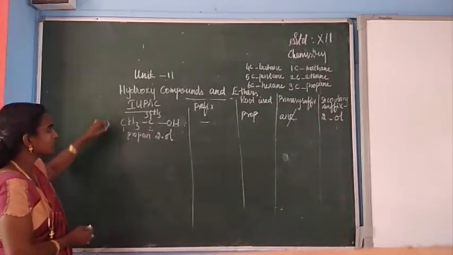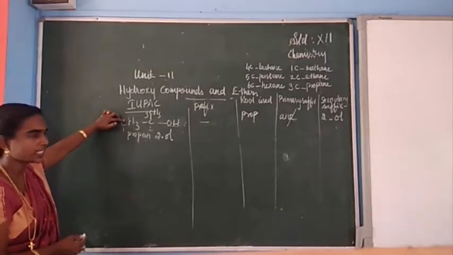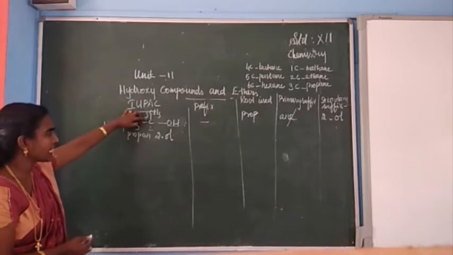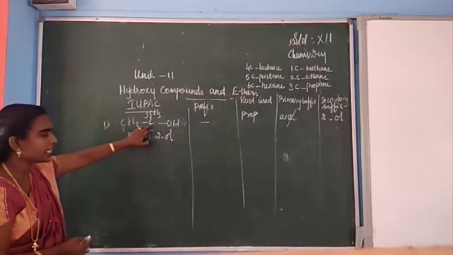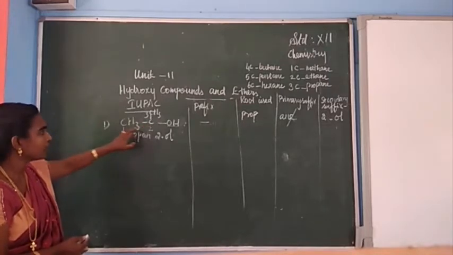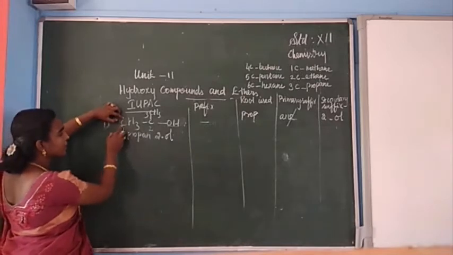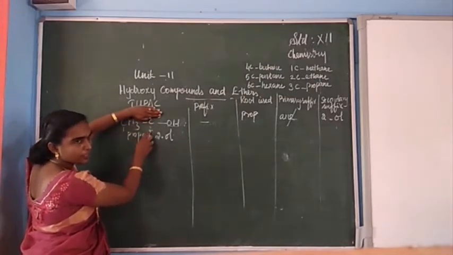Is it clear, students? IUPAC naming: first we have to select the longest carbon chain. After selecting the longest carbon chain, the carbon bearing the functional group should get the least number. When you leave this carbon, we can select only 2 carbons.